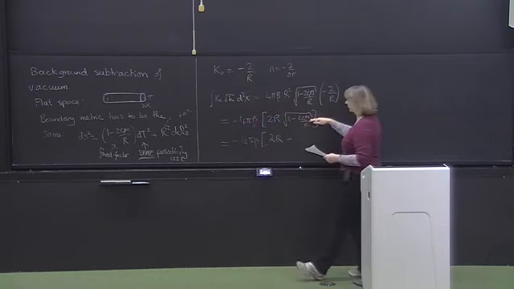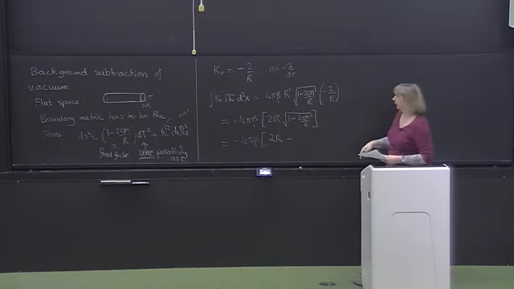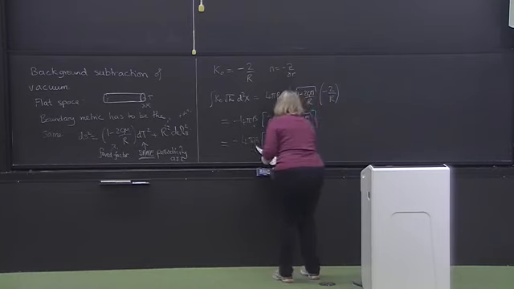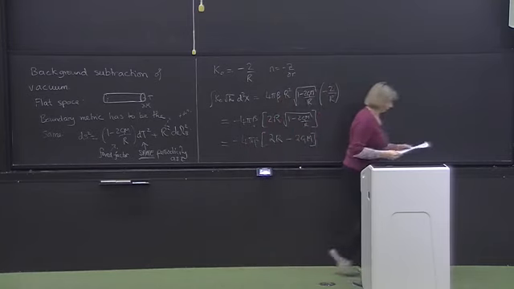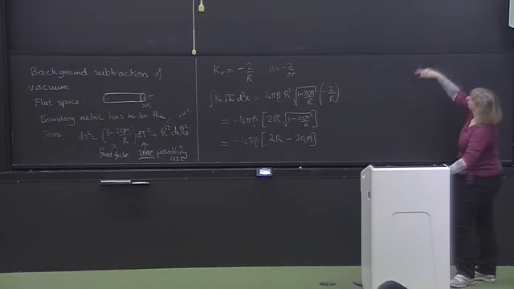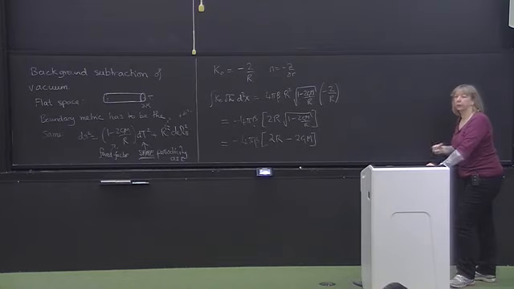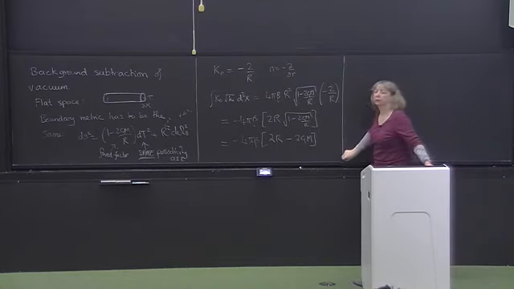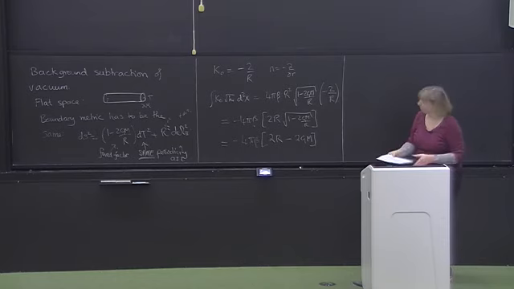If I take my square root to leading order, it's just 1 minus GM on R. And so you see that the background subtraction is not only going to kill the divergent term, it also alters the mass-dependent term.